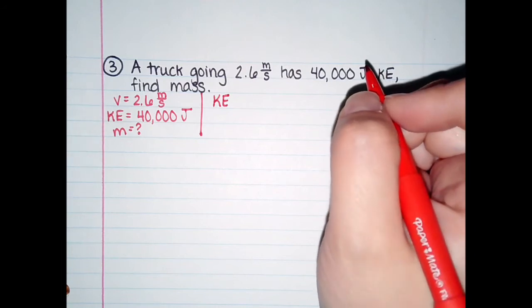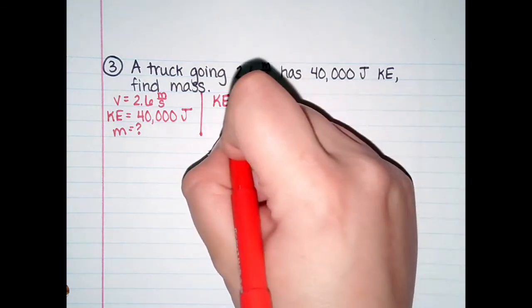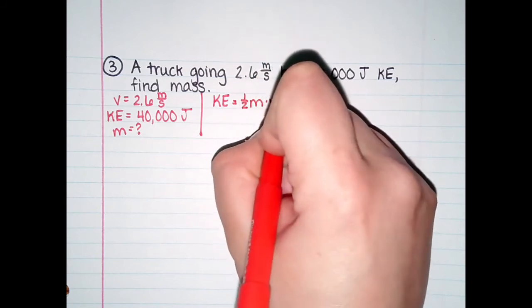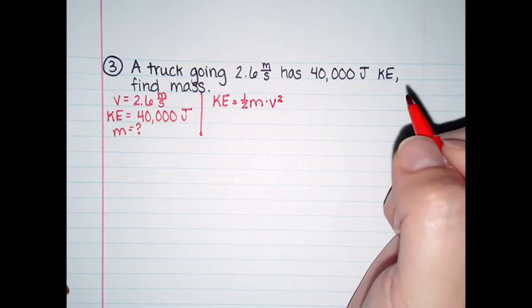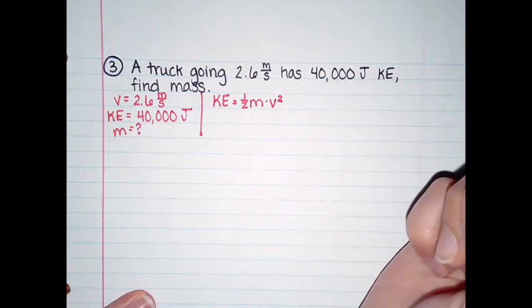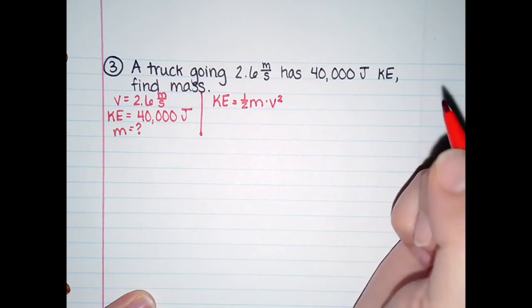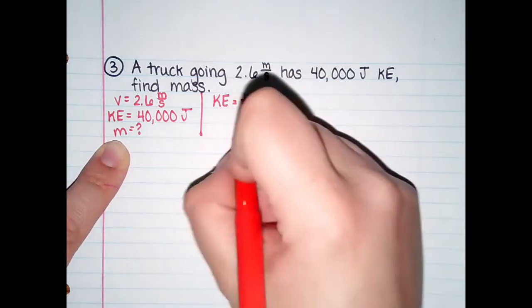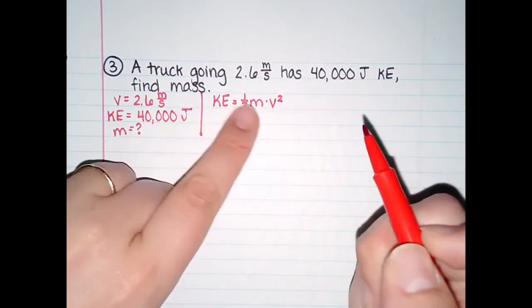My original formula is KE equals 1/2 m times v squared. I'm going to rearrange that formula to solve for the variable I want. And the variable I want is m. So to do that, I've got to get rid of the v squared over here. So instead of multiply, I do the opposite, which is divide.